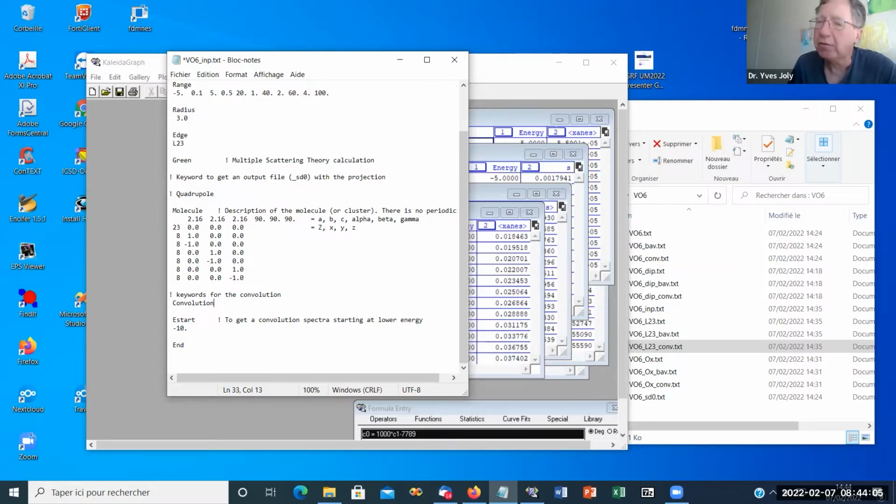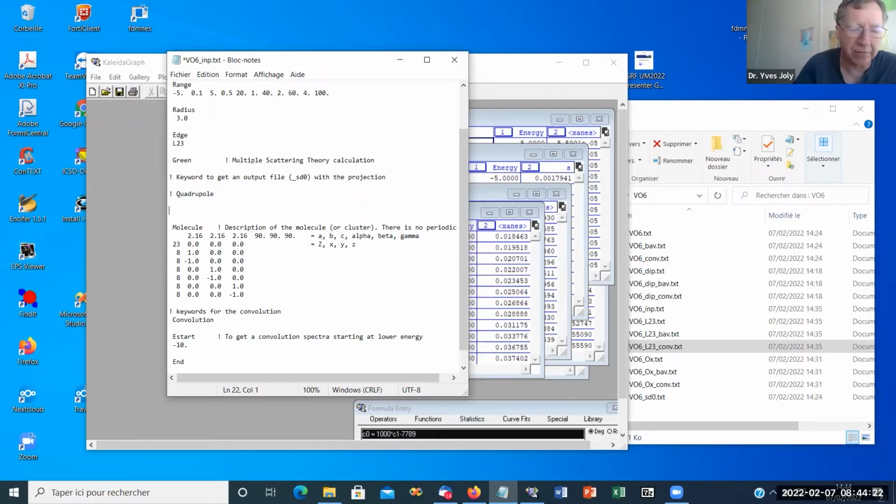And if it's well done, which is not always the case, automatically vanadium will be plus and oxygen will be minus in some way, some amount. To do that, you just have to write the keyword SCF, self-consistent field. So it will take some more time, but it will be done.